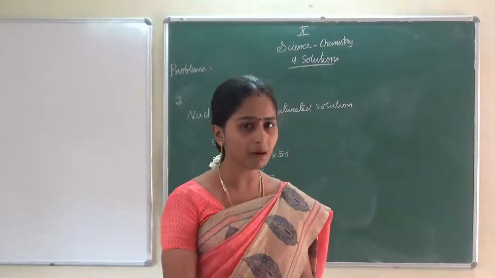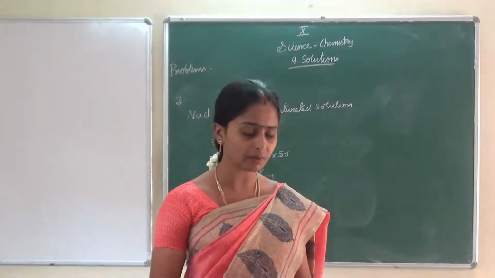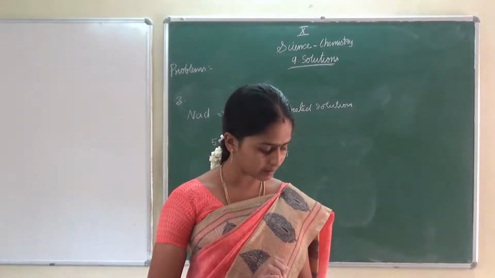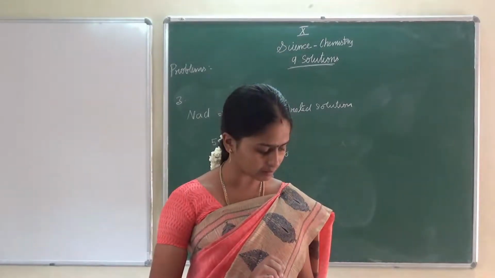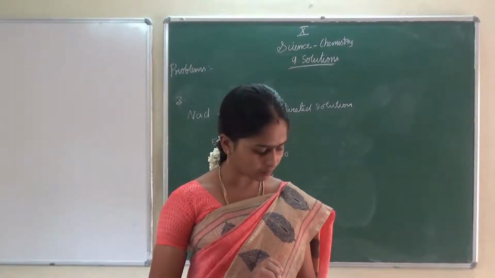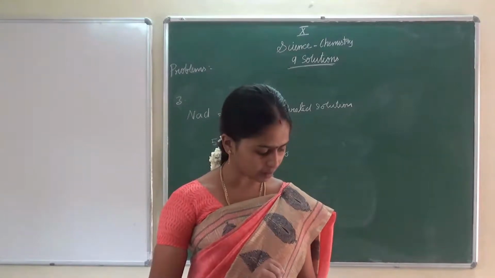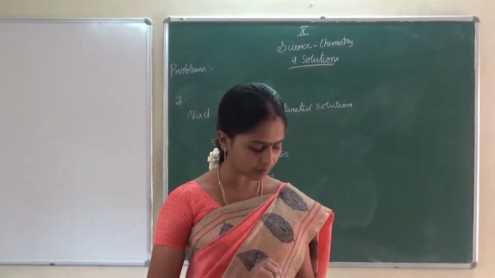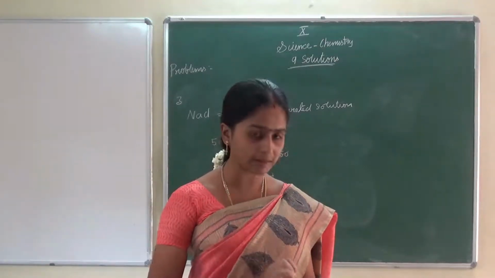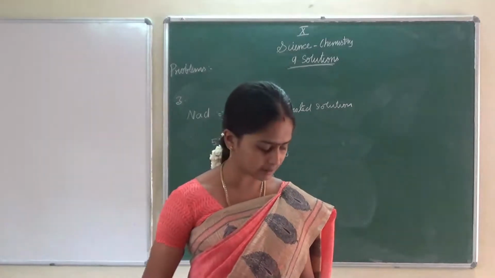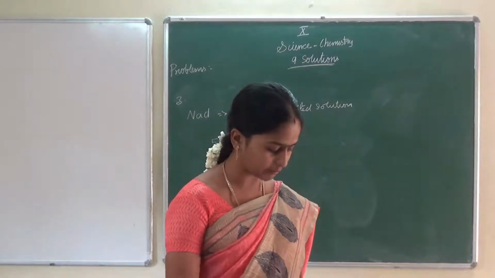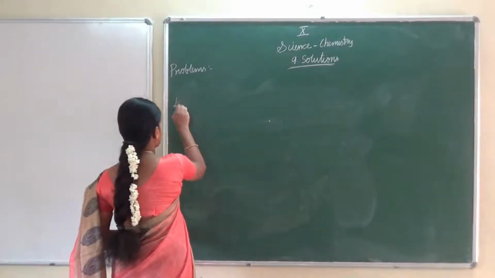So we have to find the values and subtract the two, because that is what they are asking in the question at the end: how much salt will be thrown out when a saturated solution of sodium nitrate containing 50 gram of water is cooled from 50 degrees Celsius to 30 degrees Celsius. Okay, so first let us find for 50 gram. Fourth sum.